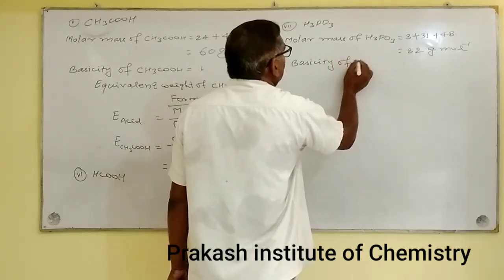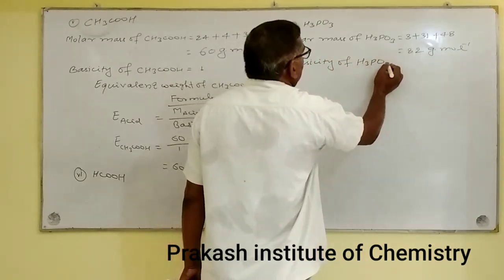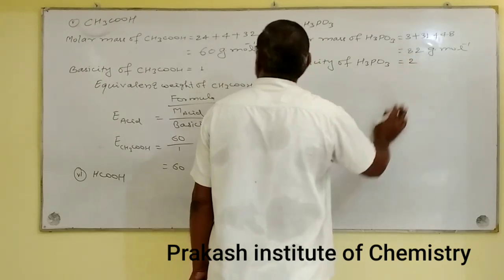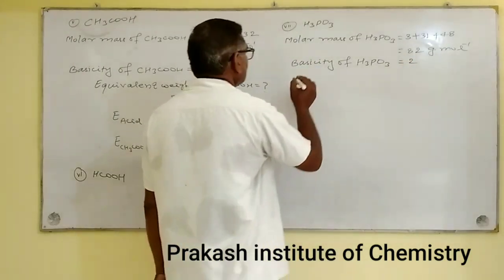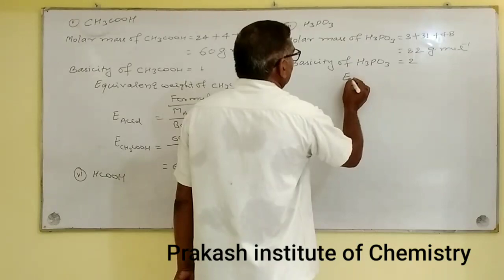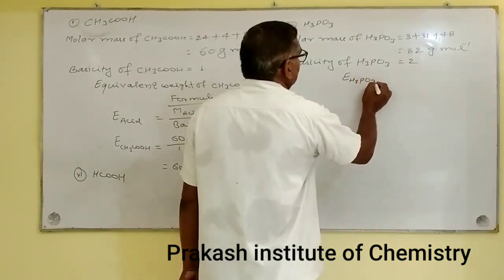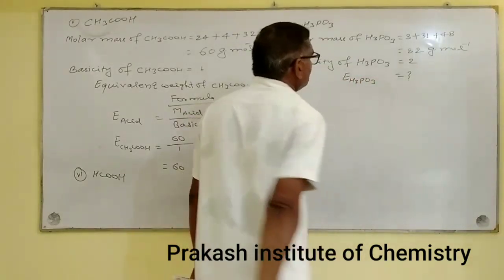Basicity of H3PO3 is equal to 2. Equivalent weight of H3PO3 is what?